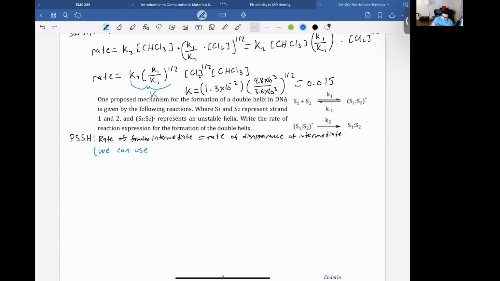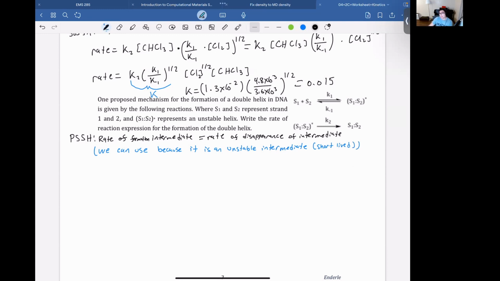We can use it because it is an unstable intermediate, right? We're talking about the unstable helix. This means it's short-lived. So as quickly as it forms, it just as quickly disappears.